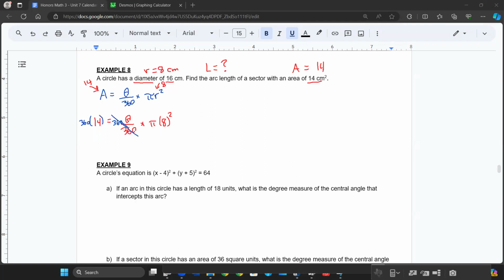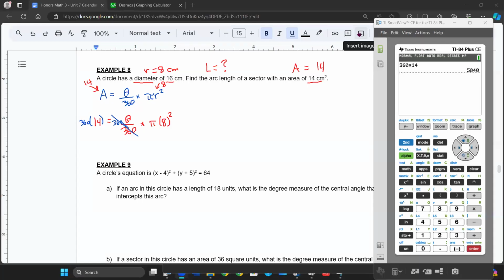So 360 times 14 is going to be 5040. We'll rewrite that as 5040 equals theta times pi times 8 squared, which is also 64 pi if you want to just leave it without the square there. What we want to do next is divide all that stuff out.